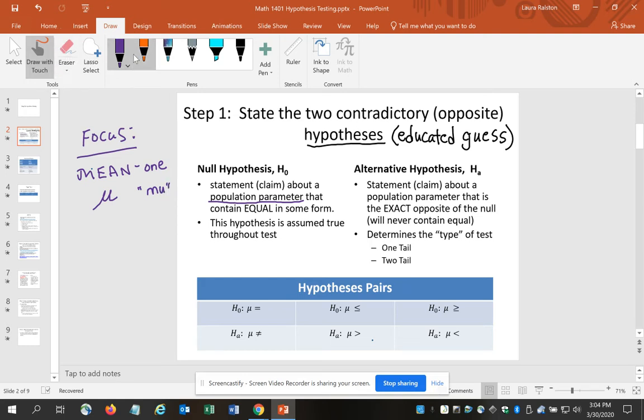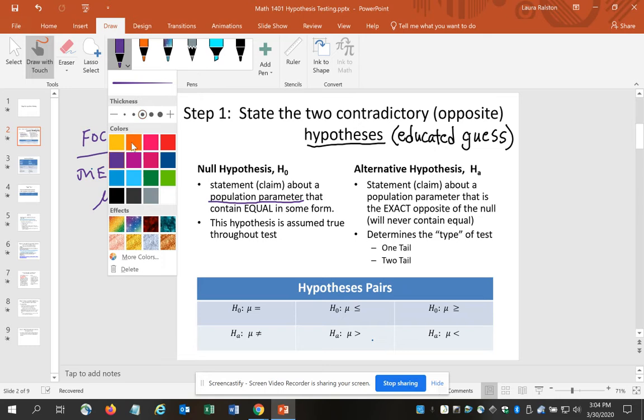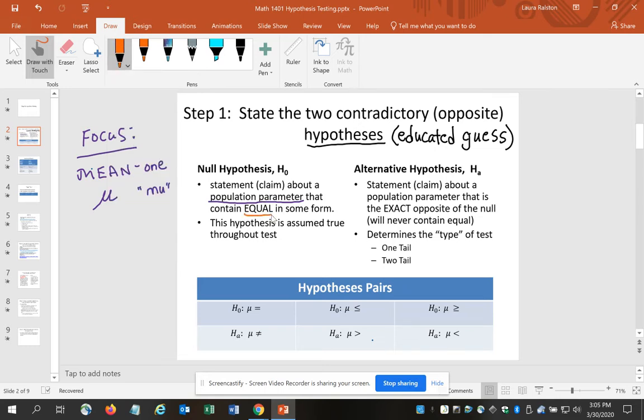And the other key statement here about the null hypothesis is that it contains equal in some form. And so if you look down at the bottom of the slide, you'll see your options. So it could contain equal. It could have less than or equal. Oh, excuse me, I looked at that incorrectly.